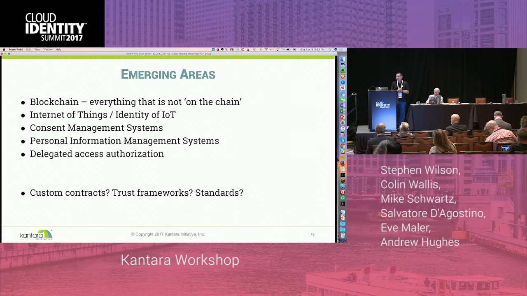So other emerging areas that are on the horizon for Kantara. We're not sure how these will evolve and mature over time. Blockchain. So what are the requirements for everything that is not on-chain, right? So who are the authorities?